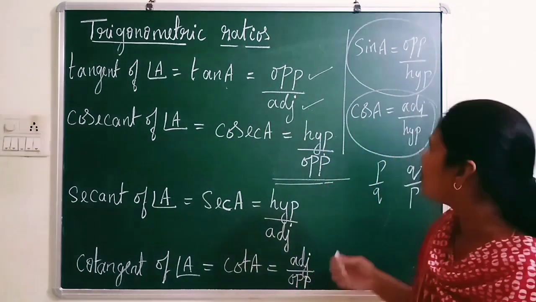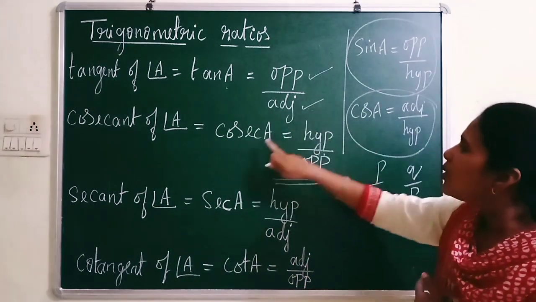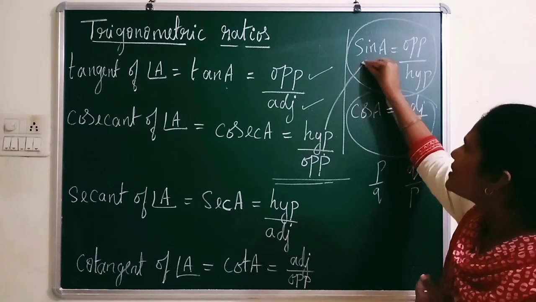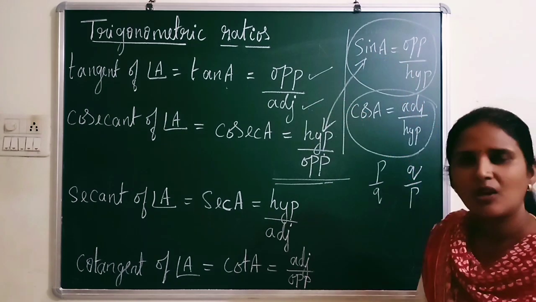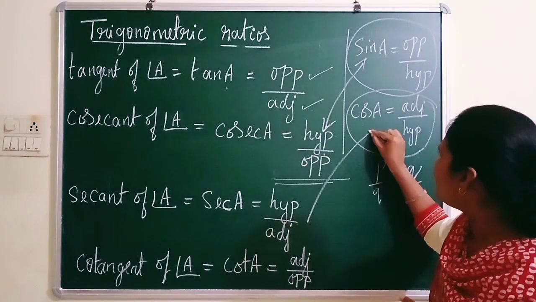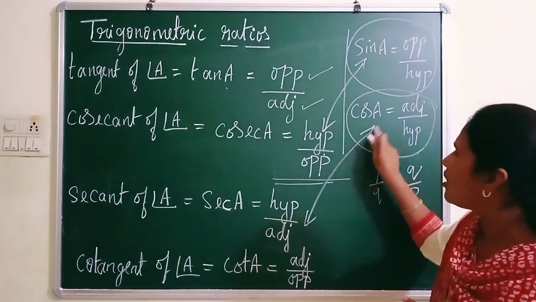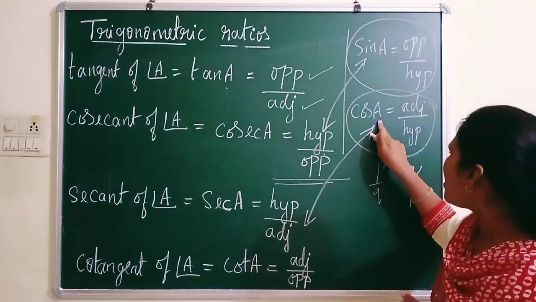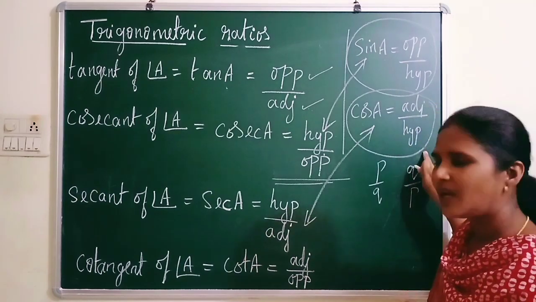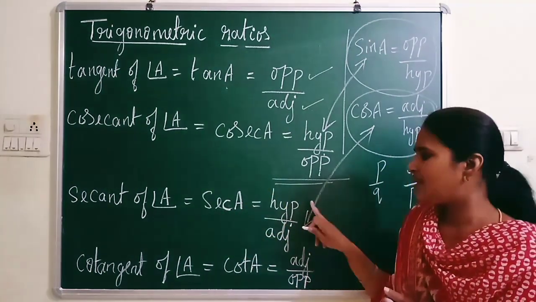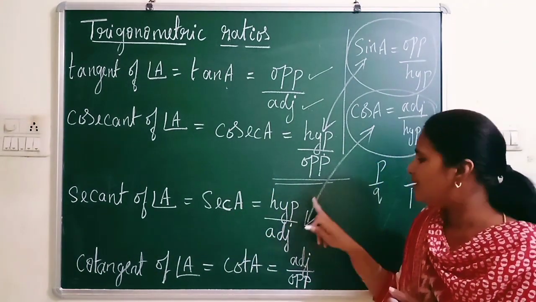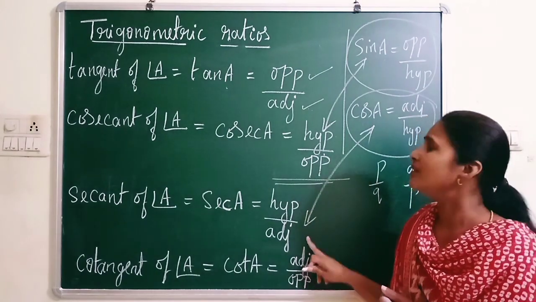So what is the link? Cosec is a reciprocal of sine. Secant, that is sec, is a reciprocal of cos. Cos is adjacent by hypotenuse, and sec is the reverse of cos, that is hypotenuse by adjacent.